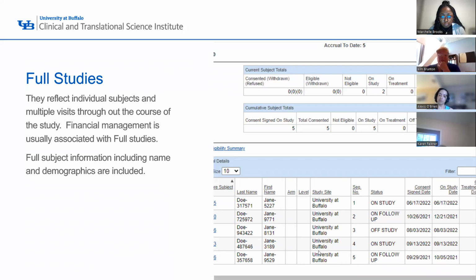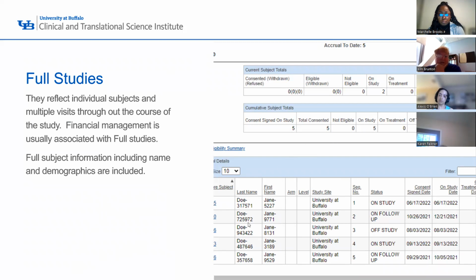Financial management, as I said, is associated with that. And this will include full name, demographics, when they signed consent, when they were considered on study. There's the area up top, which kind of gives you the gross overview.